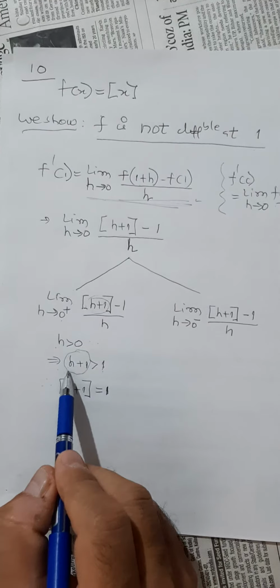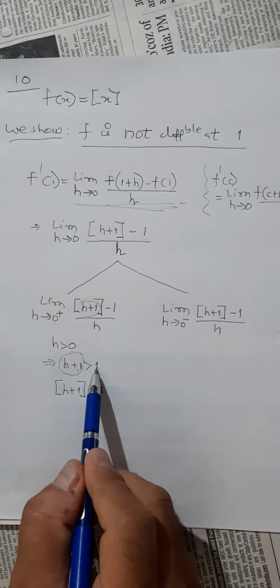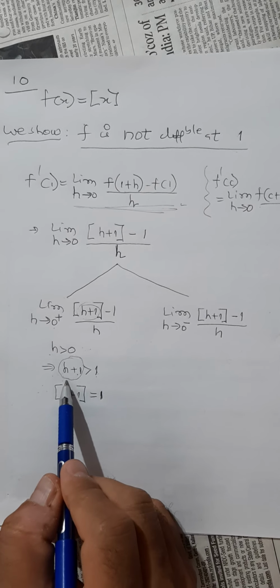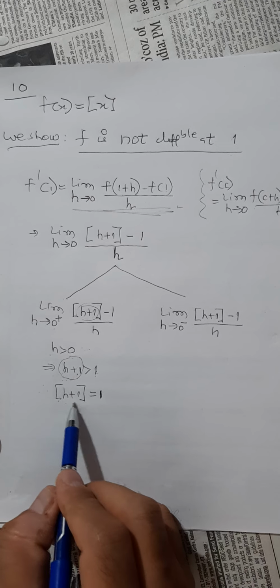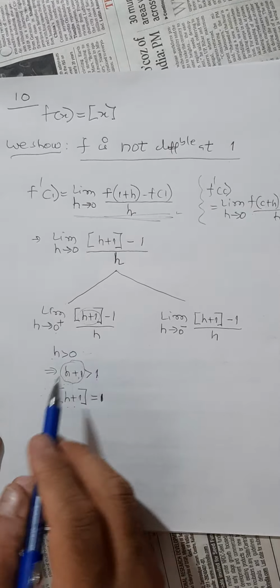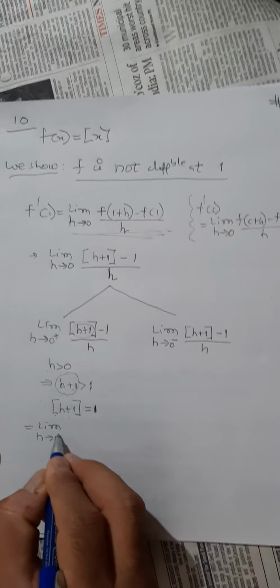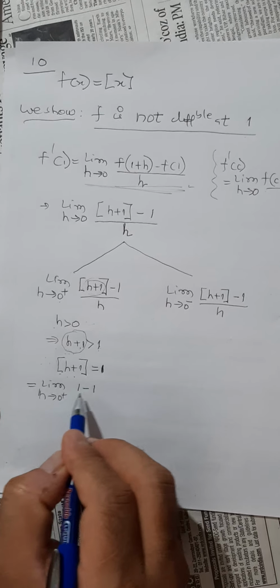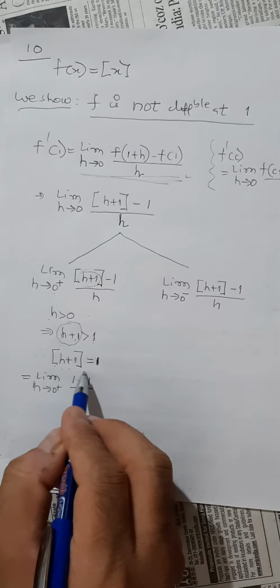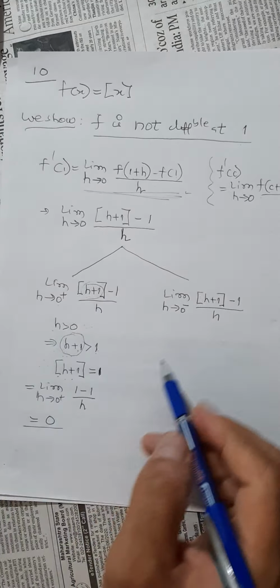I need h plus 1, so adding 1 on both sides, this value is more than 1, like 1.1, 1.2, 1.3, and the box of these is 1. So we are getting limit h tends to 0 from right, this is 1 minus 1 upon h. Numerator becomes 0. So this limit is 0. So right hand side limit is 0.